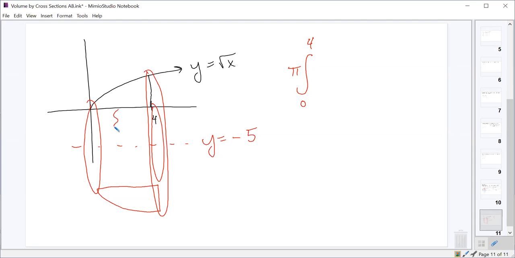This distance here is 5, and this distance should be y plus 5. So it should be 5 plus root x, squared, minus, and what's our inner radius? Just the 5. 5, and then squared, dx.